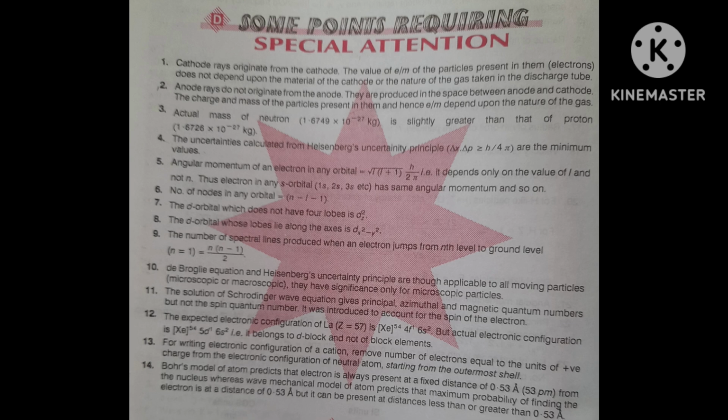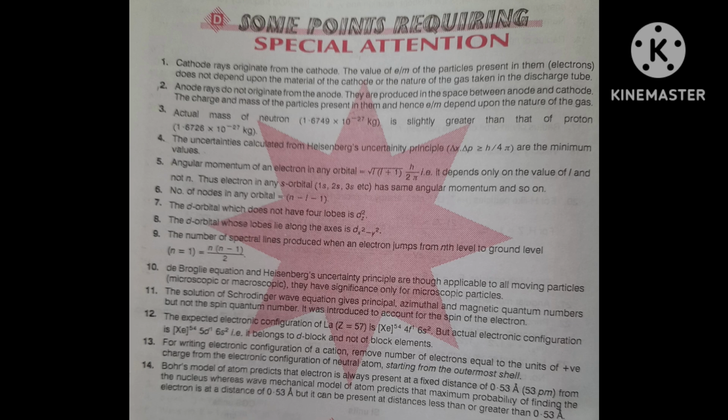A picometer is 10 to the power minus 12 meter, while an angstrom is 10 to the power minus 10 meter. So if you write it in picometer, 0.53 angstrom becomes 53 picometer from the nucleus.